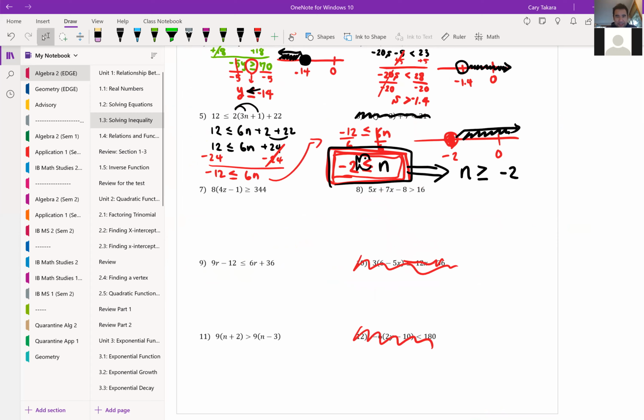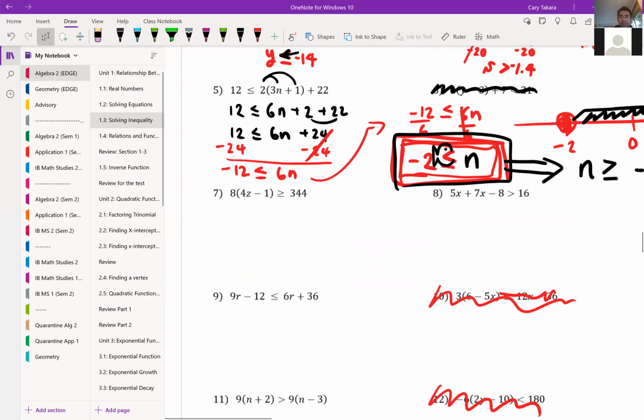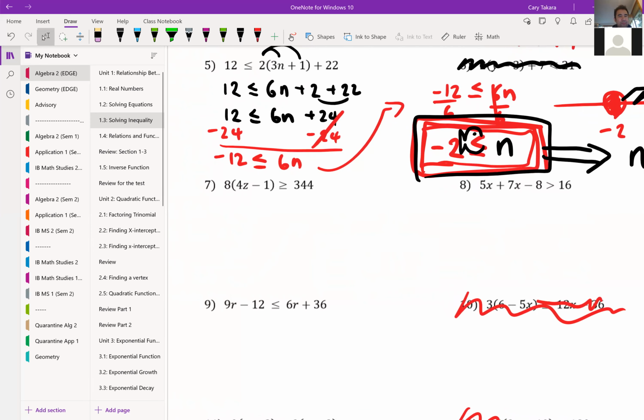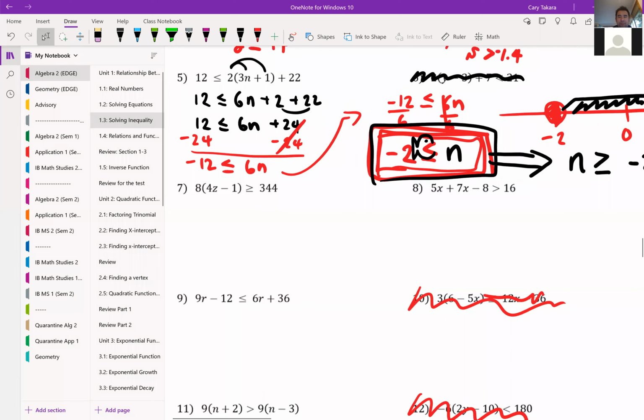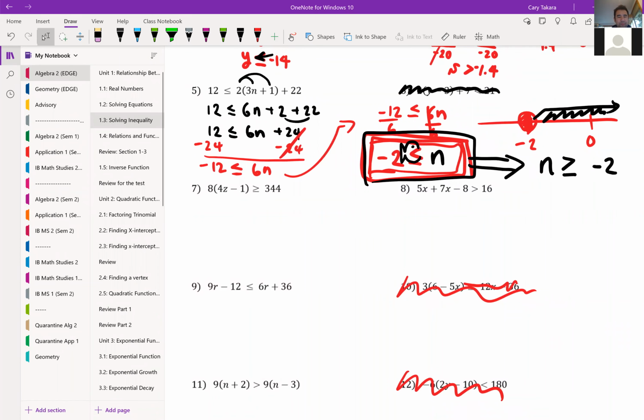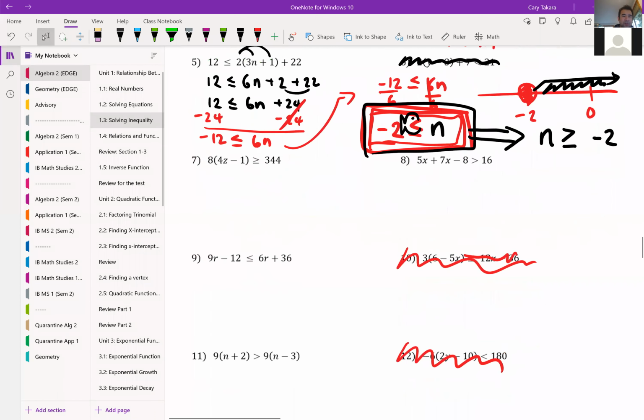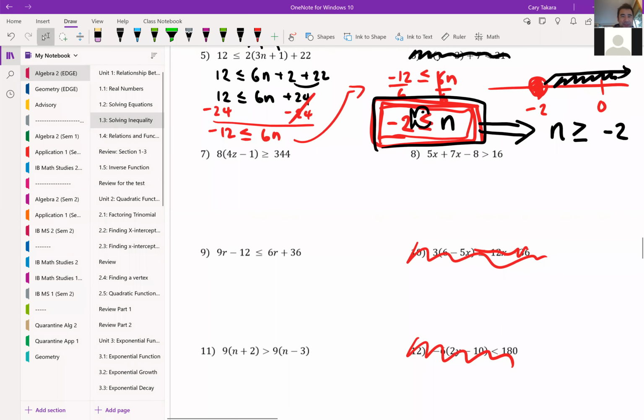Number 7, 4 more to go. I'm going to start working on this. I don't have a lot of time.